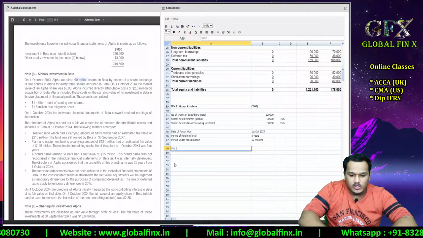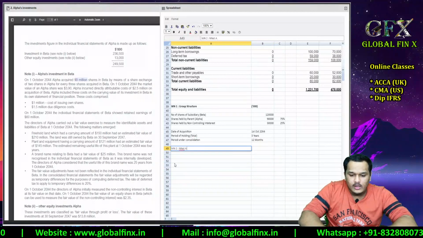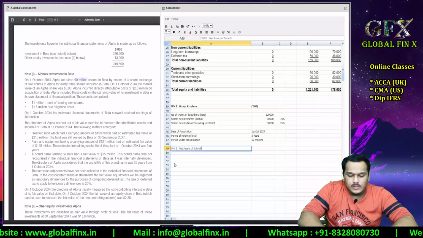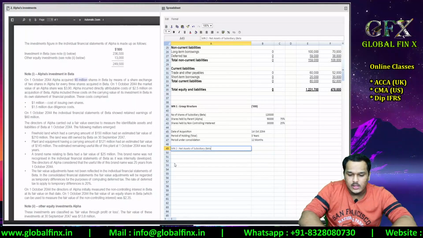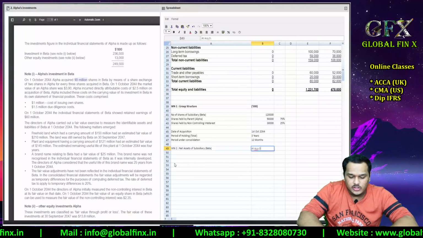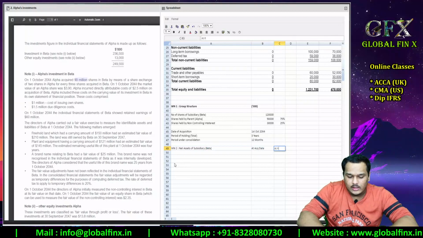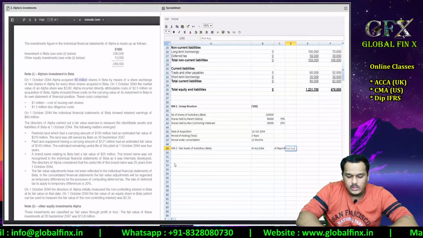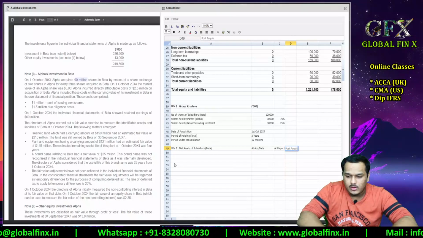Next, working note number 2, net assets of subsidiary, that is Beta, at acquisition date, at reporting date and post acquisition.